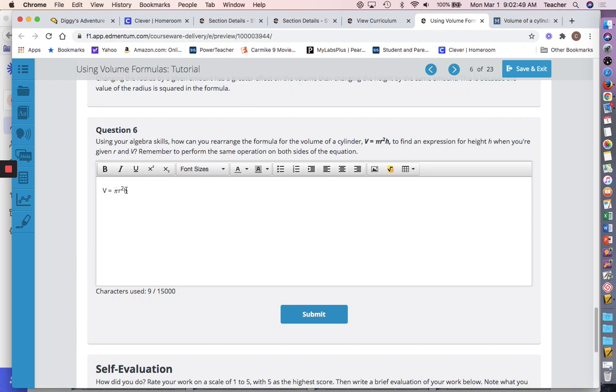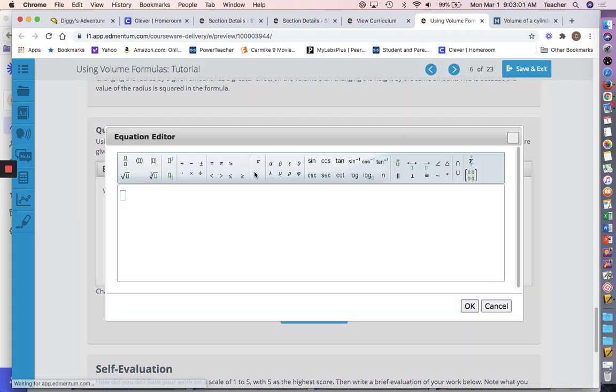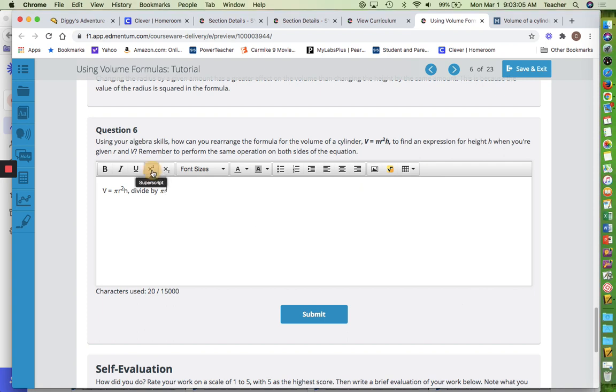Well, right now pi and r squared are all being multiplied. So the opposite is to divide by pi r squared. All right, so we're going to have a fraction here. It's going to be V on top divided by pi r squared.